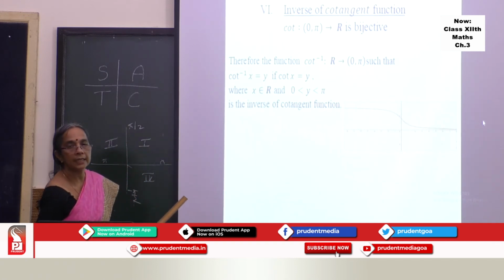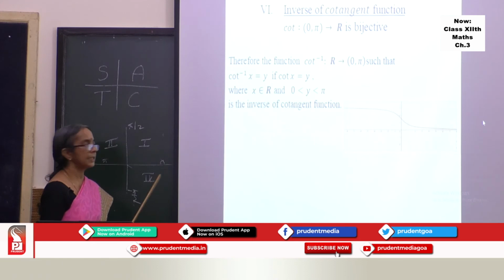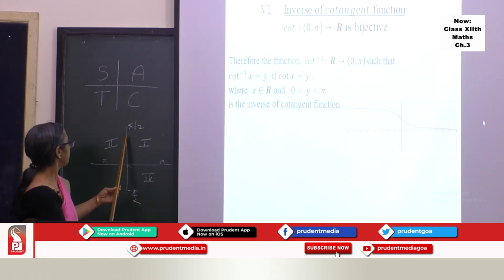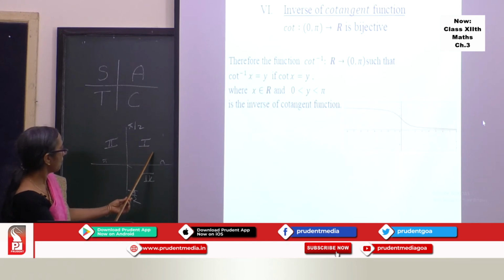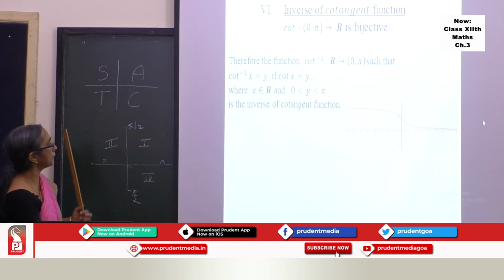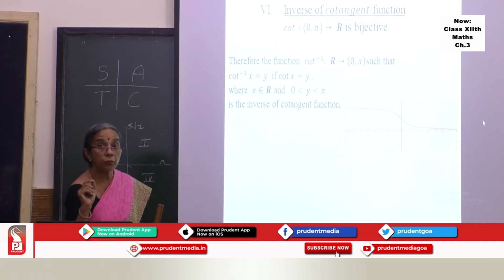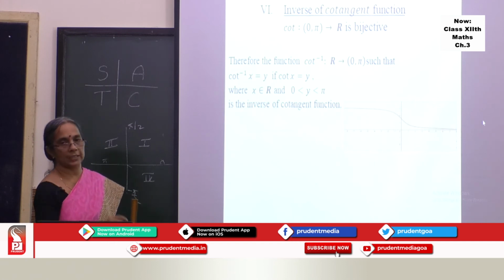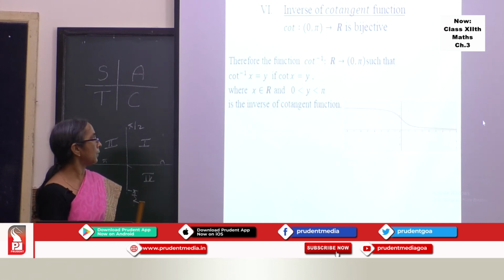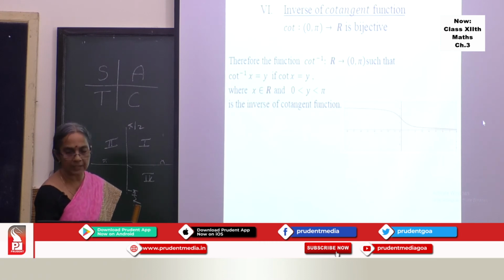It is like cos inverse in the second quadrant. Cot inverse of a positive value is in the first quadrant, cot inverse of a negative value is in the second quadrant like cos inverse, not like tan inverse.